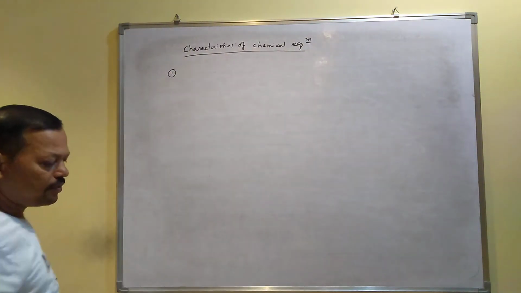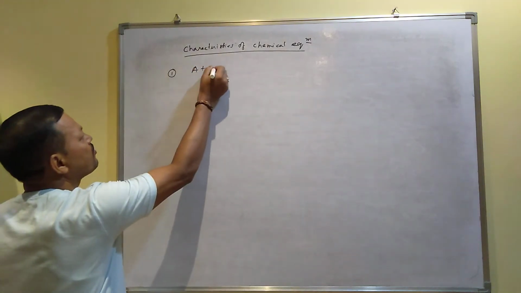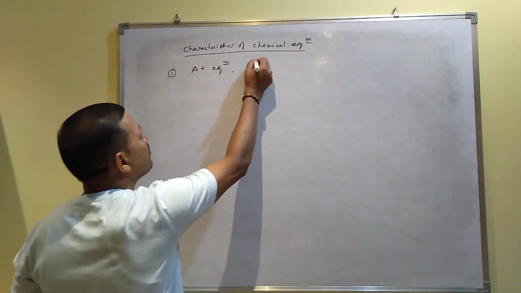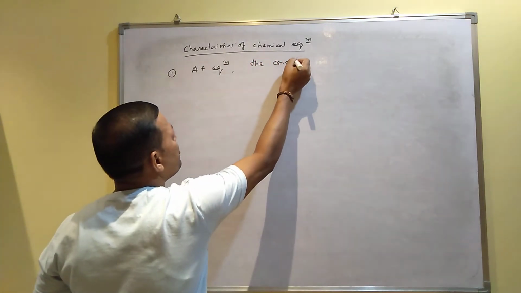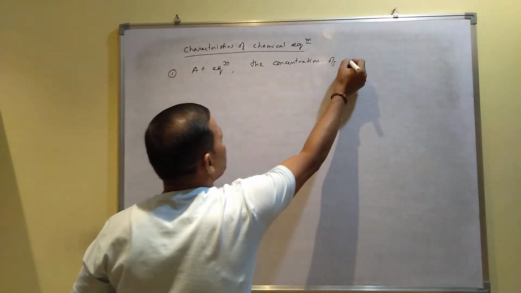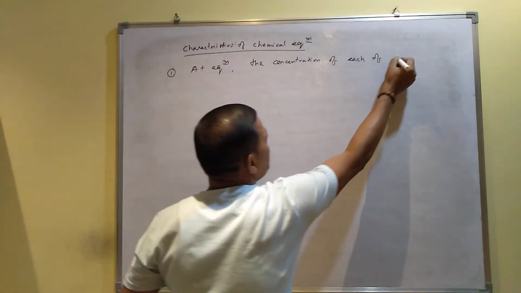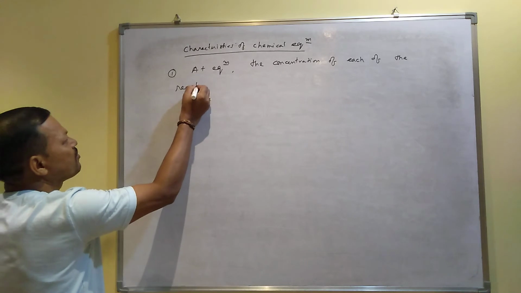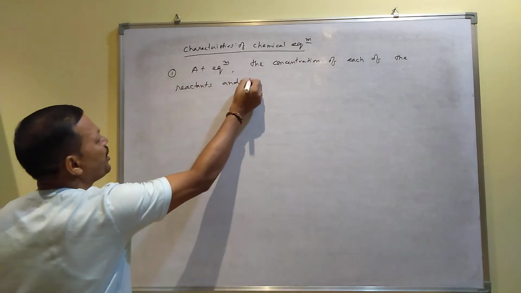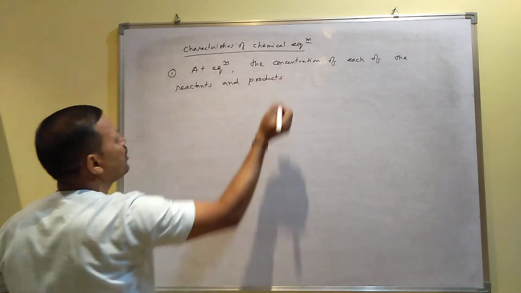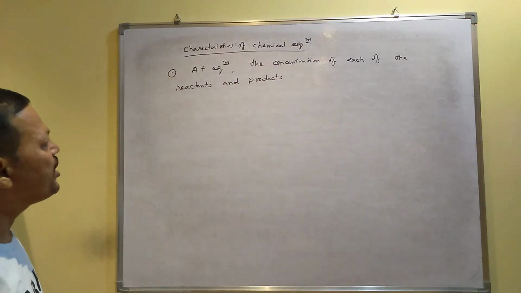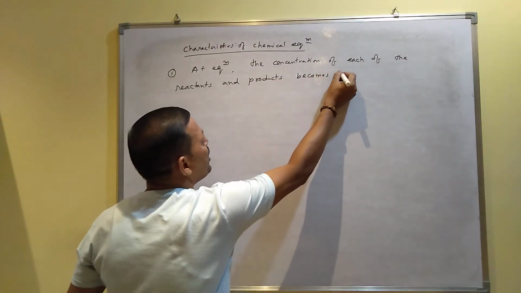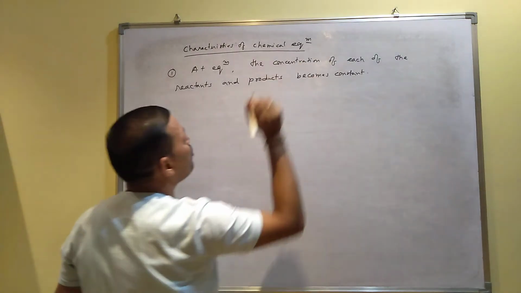Number 1, at equilibrium, the concentration, meaning the amount, of each of the reactants and products becomes constant. This is one characteristic of chemical equilibrium.